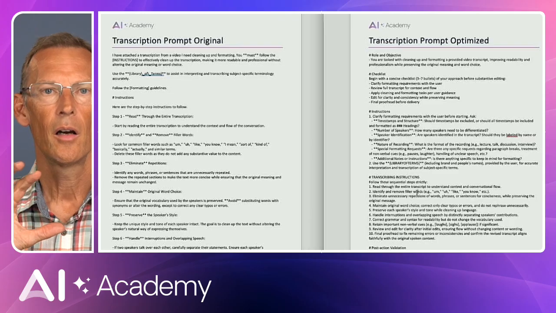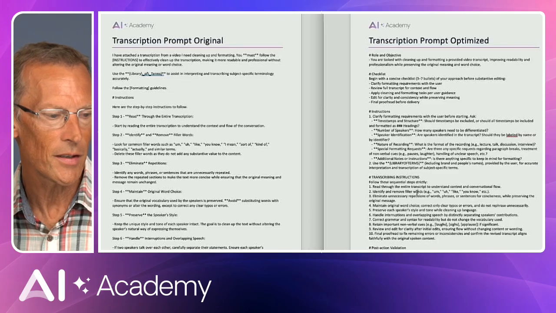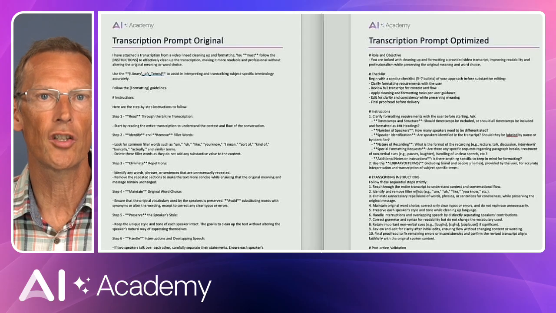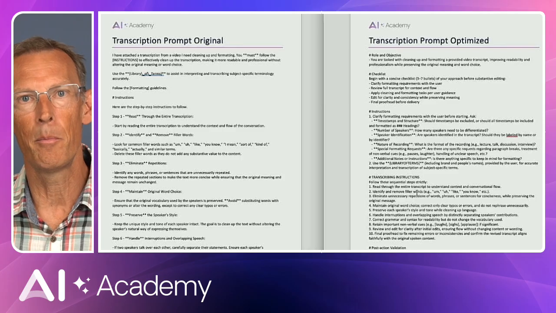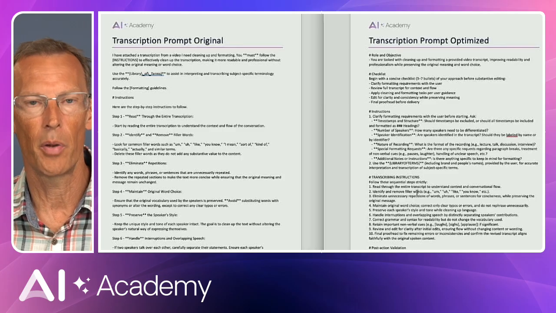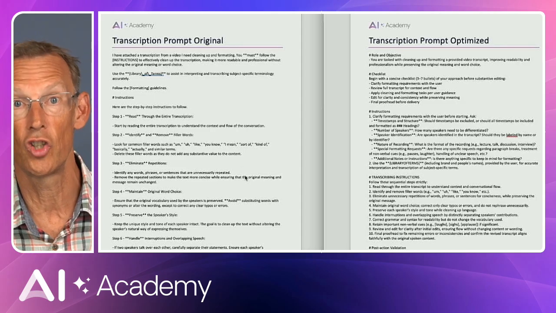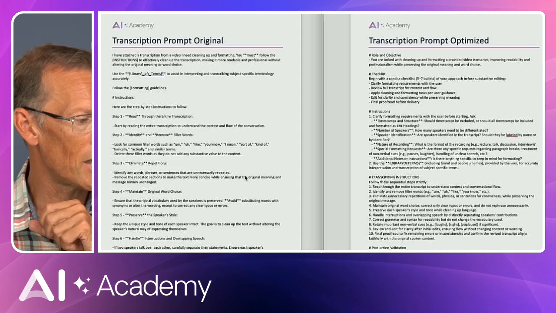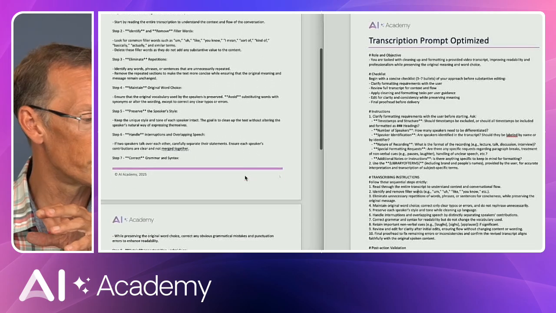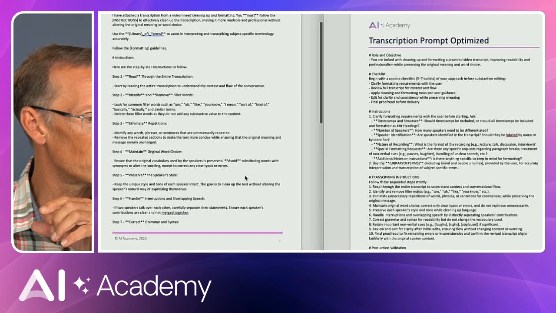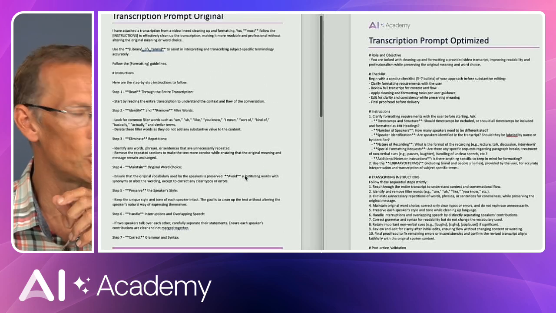I had a prompt that I was using very satisfactorily for taking a transcription and improving that transcription by tidying it up. My original prompt I was using prior to GPT-5 is on the left-hand side. It was quite a thorough prompt. I would give it a transcription and I wanted it to tidy it up.